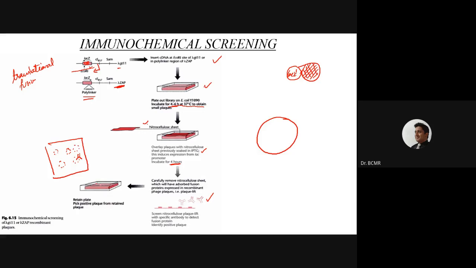You know which plaque is actually having the phage of interest from the library, and you take that phage and then go for further characterization. Again, screening here is trying to find the gene of interest within the library, and you're using an immunochemical method.